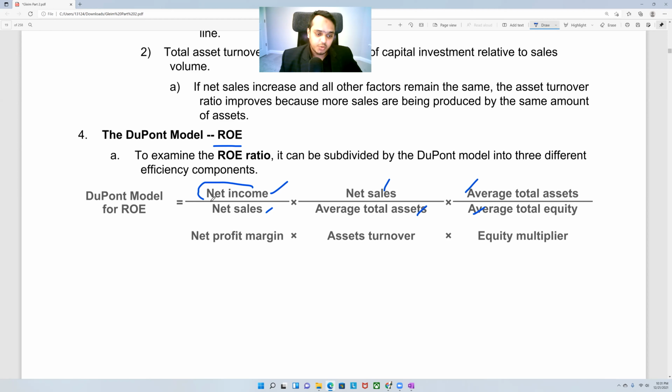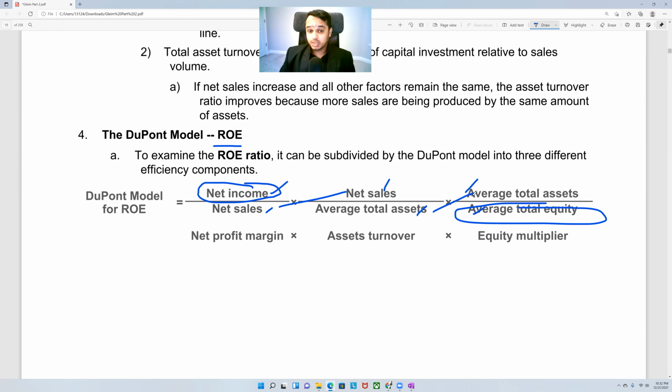Directly, net income divided by average total equity would have given you return on equity. But you have taken sales into the picture, and average total assets also, so that you get a more proper understanding and can give a more proper analysis of this particular ratio.